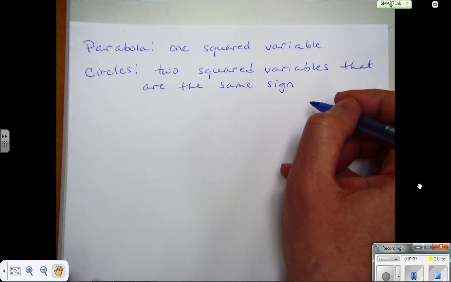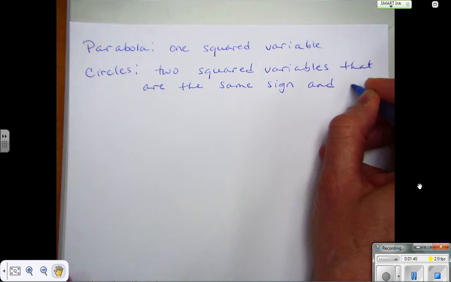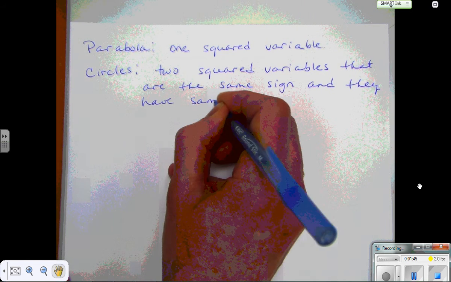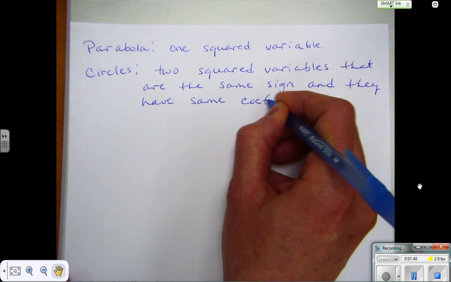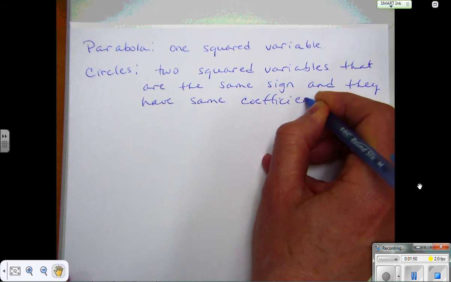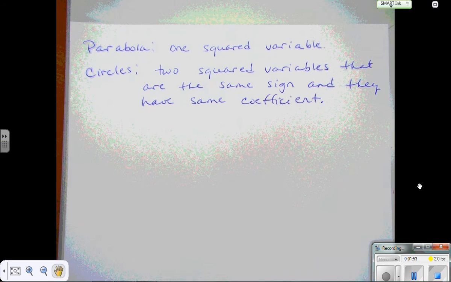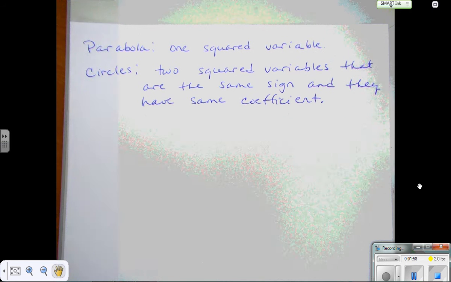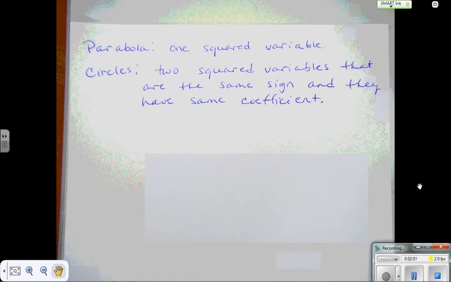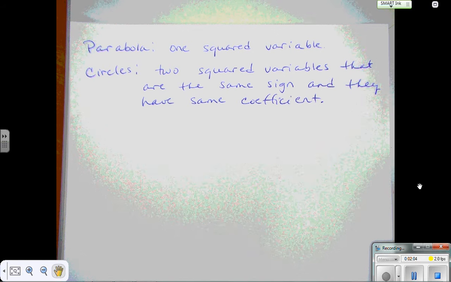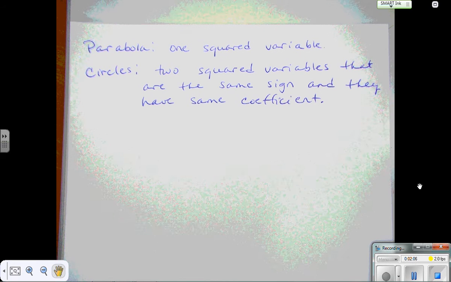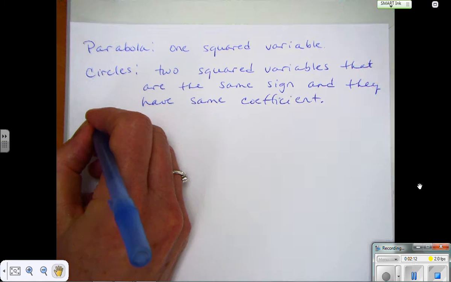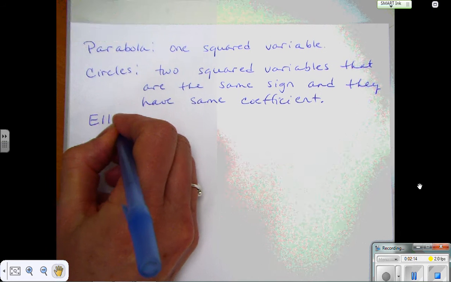Okay, so they're both the same sign, and they have the same coefficient. So if one squared variable has a 3 for a coefficient, the other squared variable needs to have a 3. So in your examples, like number 1 is going to be a circle. Can you see any others that are circles? 4 and 12. Right.